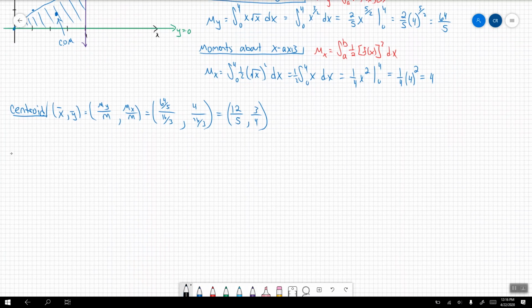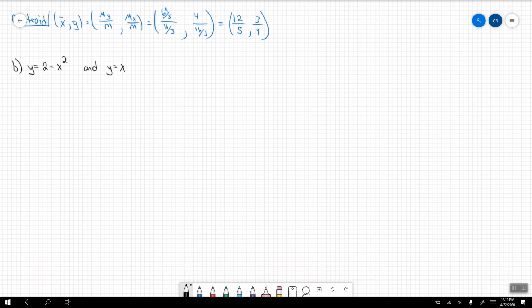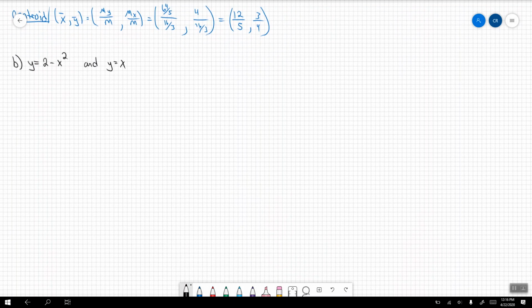So let's go on to the next example, part B. y is equal to 2 minus x squared, and y is equal to x. We now have this intersection occurring here, and we want to figure out what that center of mass is going to be. So once again, we go through the whole intersection process.